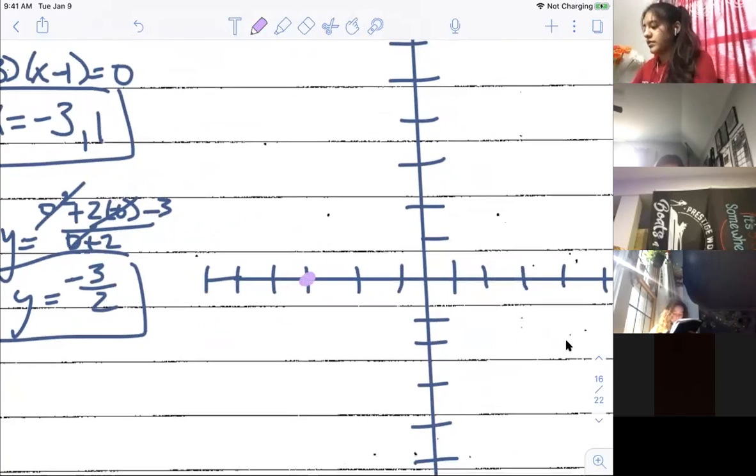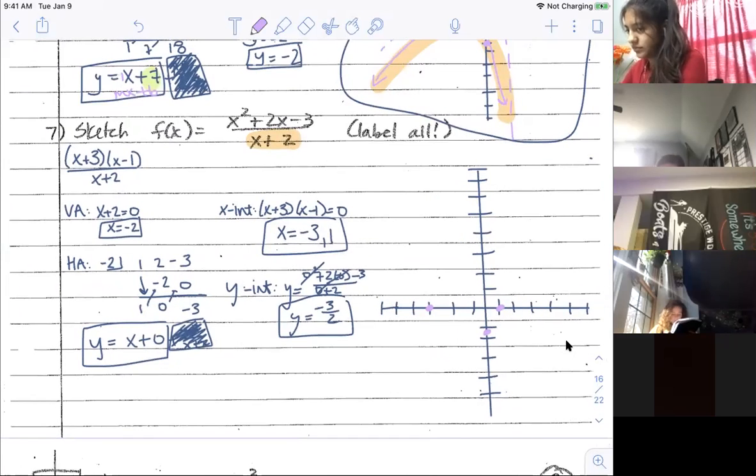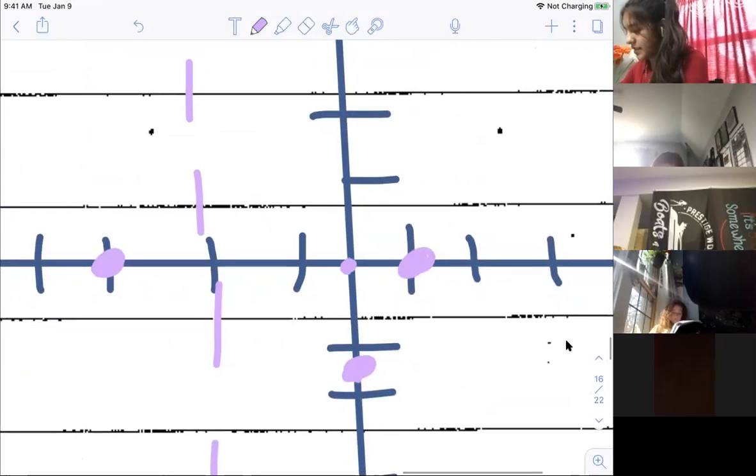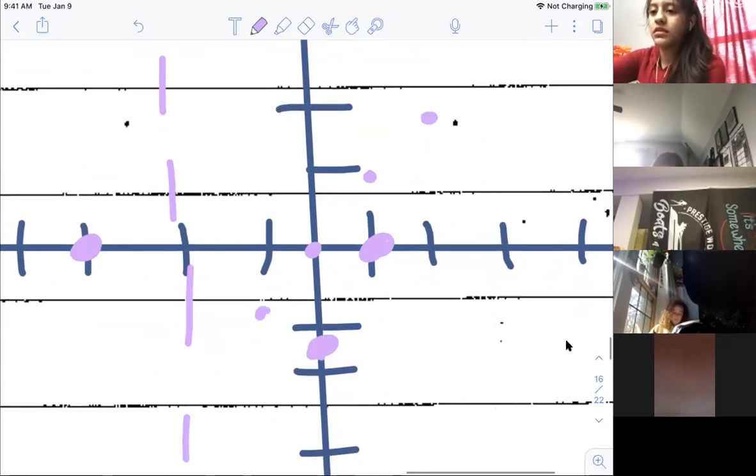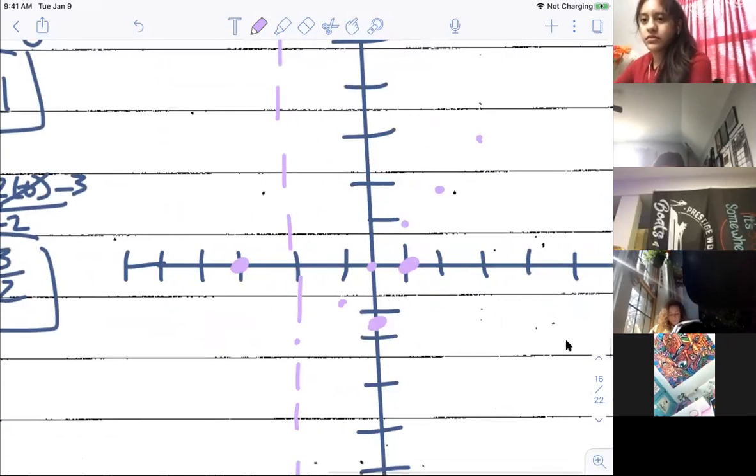-3, +1, 3/2, -2, and then y equals x. So I'm going to go through my origin up 1 over 1, up 1 over 1, up 1 over 1, down 1 over 1, down 1 over 1, and then make as good of a line as I can.